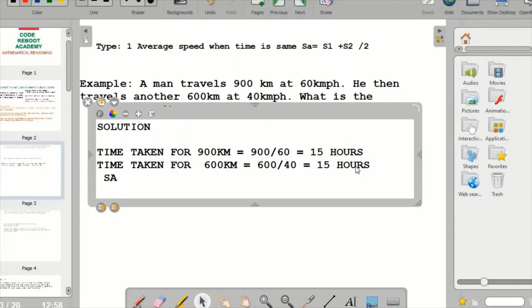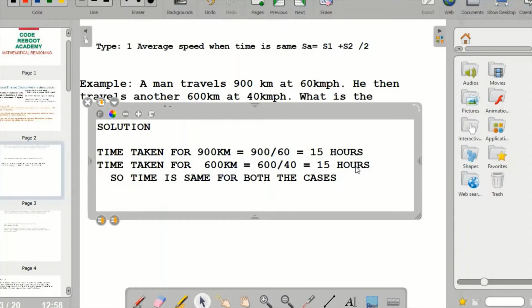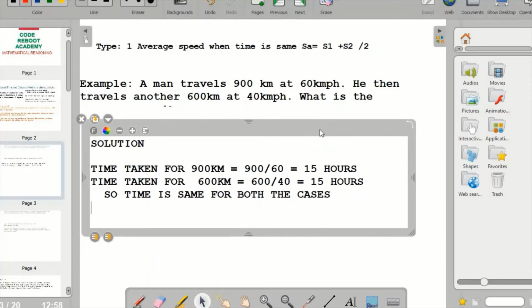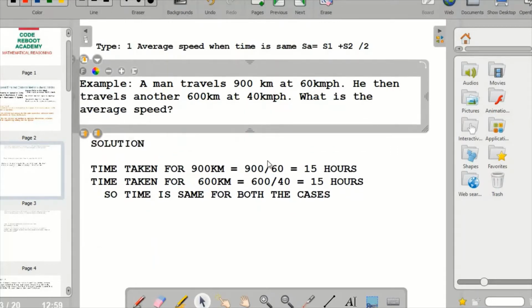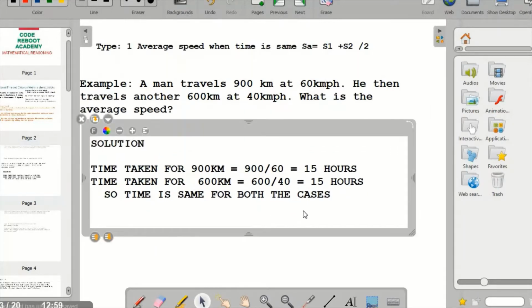So time is same for both the cases. So we have to calculate only the average speed.